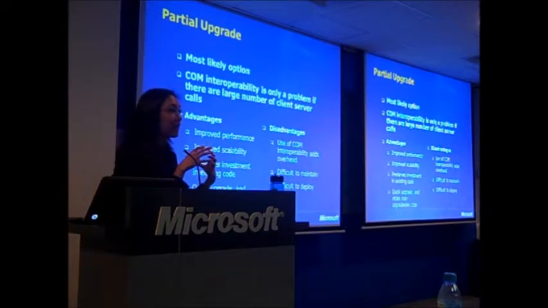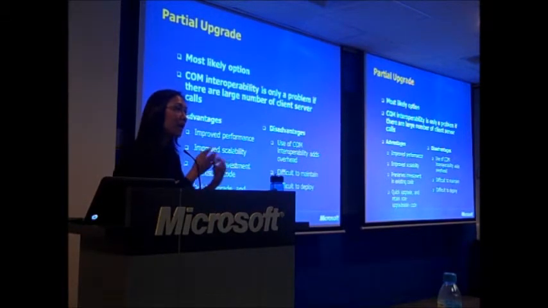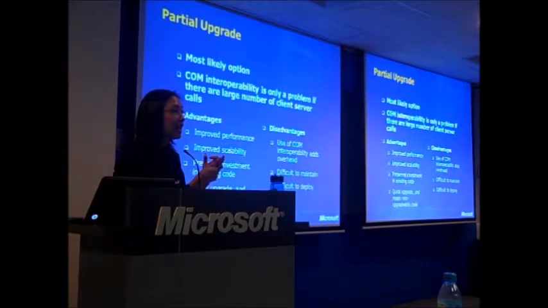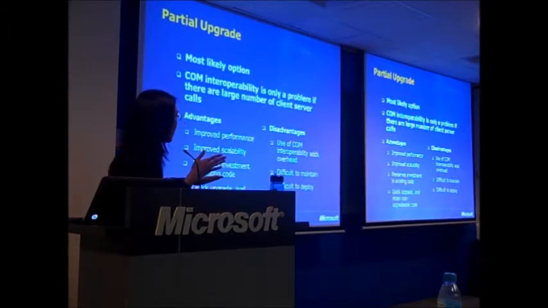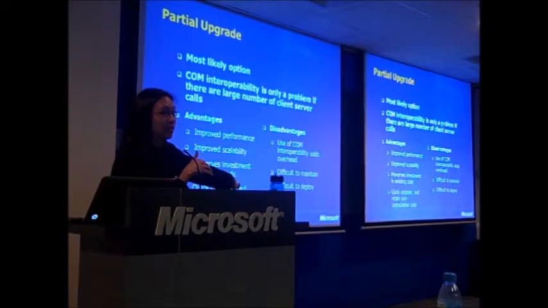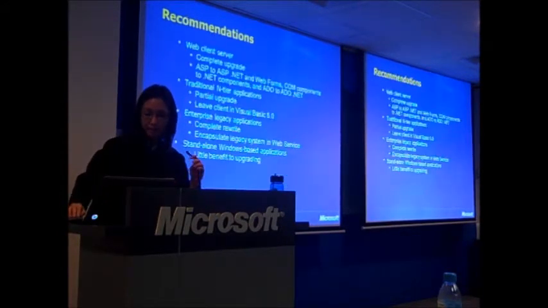Also, if you have an application na merong combination, merong part pa rin na Visual Basic 6, merong part na may unmanaged COM pa, and then some of the parts na ka-upgrade na kay Visual Basic .NET, mahirap siyang i-deploy if you have an application na merong mixed languages pa.